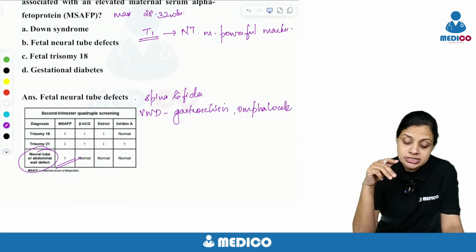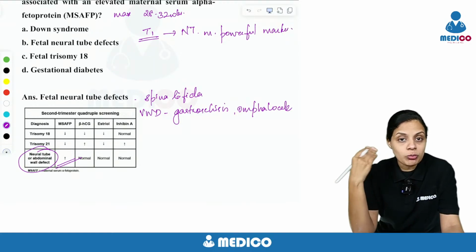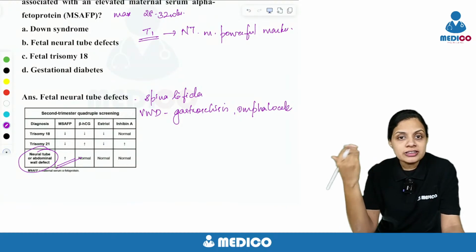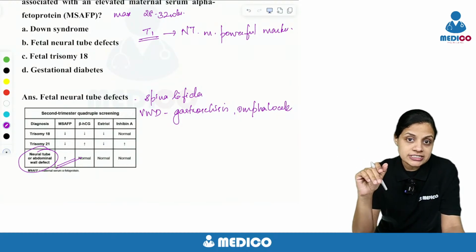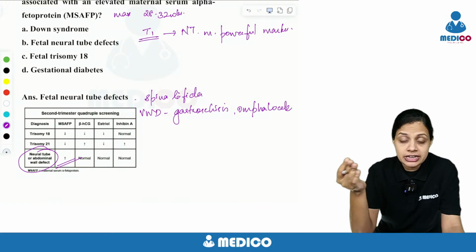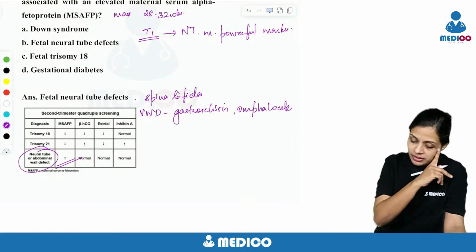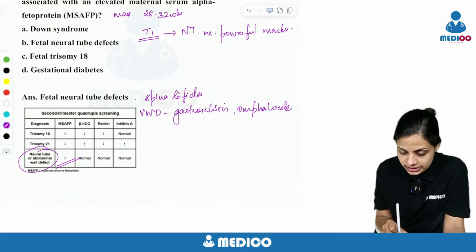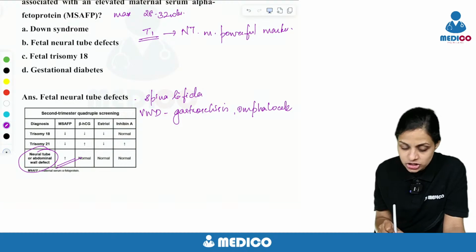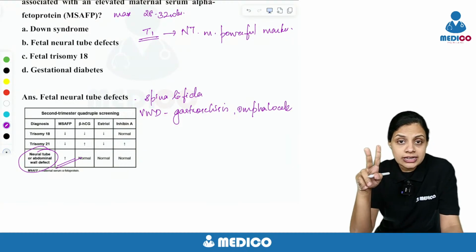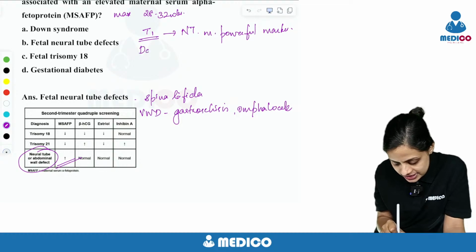If the nuchal translucency is 3 millimeters or more, you'll have to do further testing, like a non-invasive test, like looking for cell-free fetal DNA, or an amniocentesis. Then you have a double marker screening associated with this, the first trimester screening.